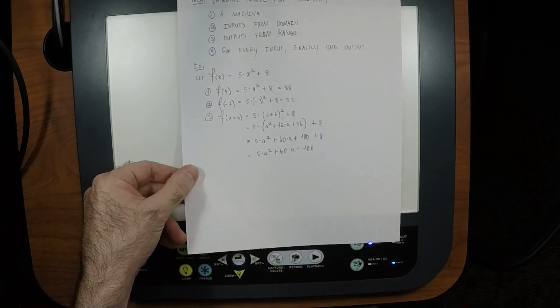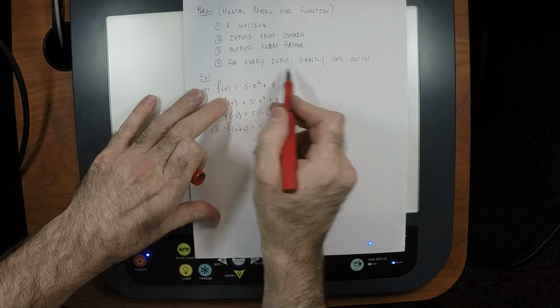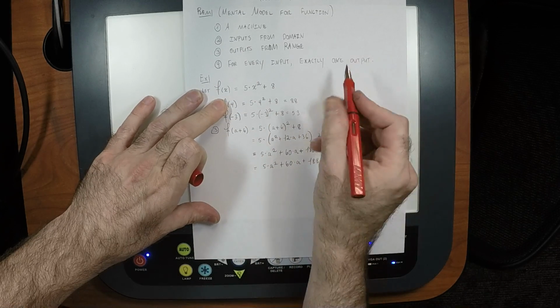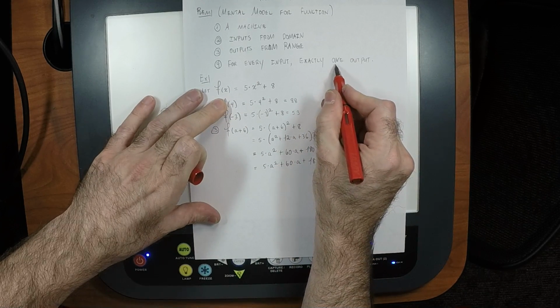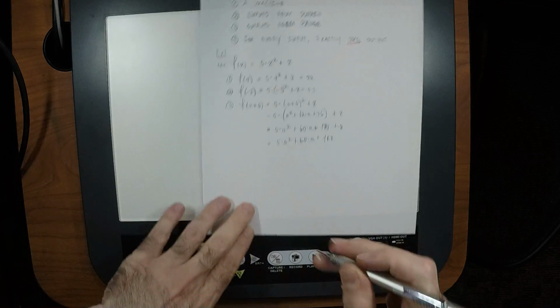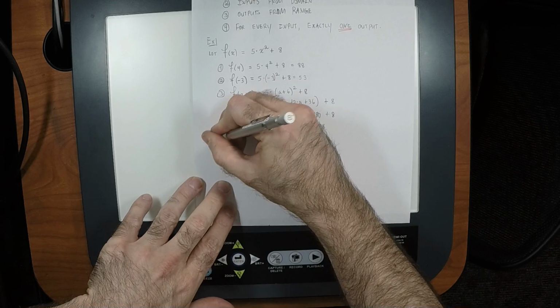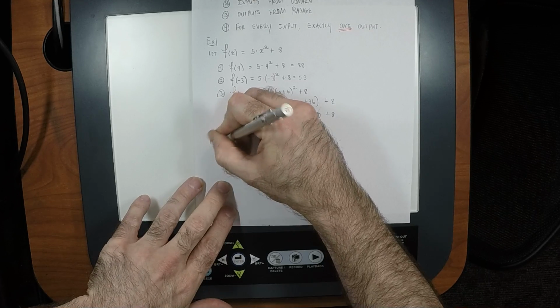All right. So then now, this part of the mental model, and for that matter, sort of definition of function, exactly one output. I think we said this at the end of last time, but I want to remind you of something.